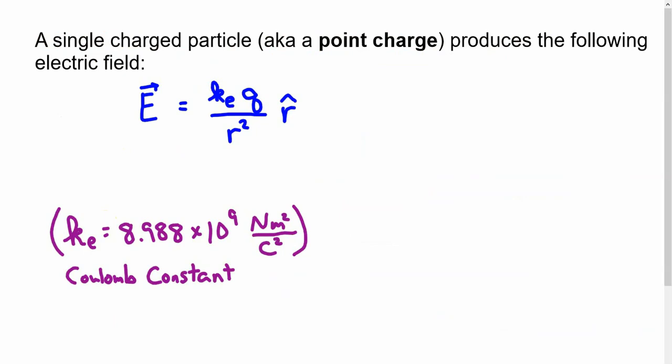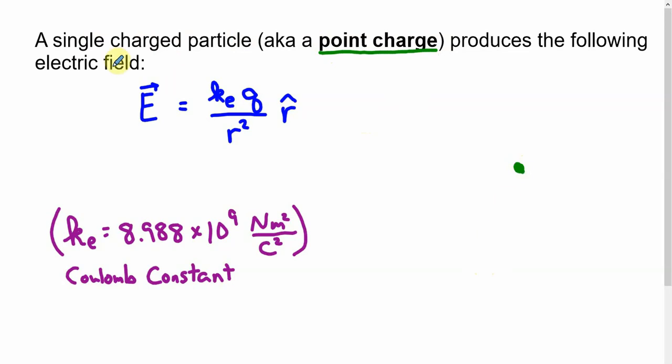Now, let's talk a little bit, or at least start to talk about where these electric fields come from. As we said, they come from point charges. They come from charged objects. They're the things that create the electric field around them. A single charged particle, which we call a point charge. So just think of a little particle that has some charge.